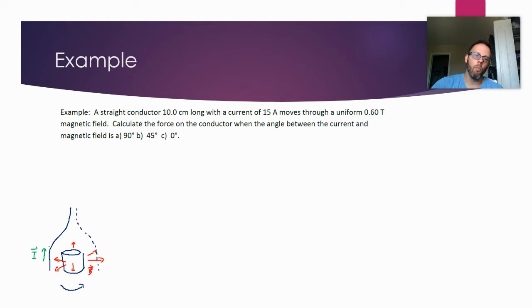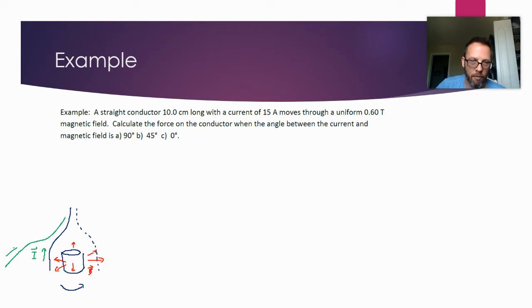When the wire is perpendicular to the field, that's when we're going to have our biggest magnitude of force. That's the situation in part A. We've got 90 degrees. Part B is saying, imagine the wire, instead of being vertical, was like that.